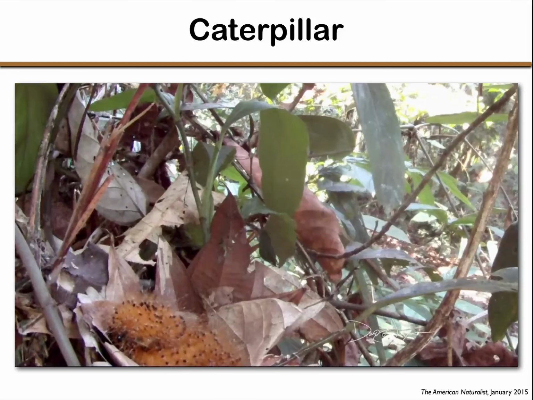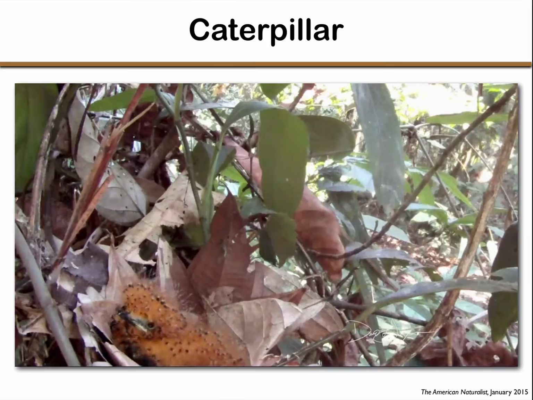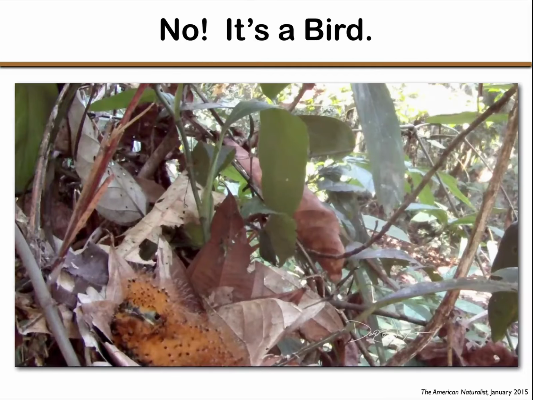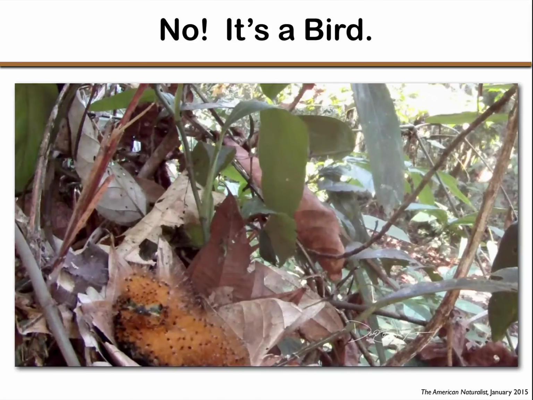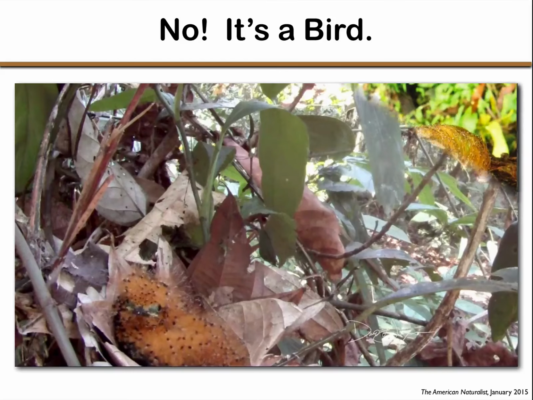Slowly moving its head around. Uh-oh, wait a minute. No, it's a bird. It's not a caterpillar. Oh, you probably saw something like that coming. Yes, this is a bird from South America that mimics this poisonous caterpillar.